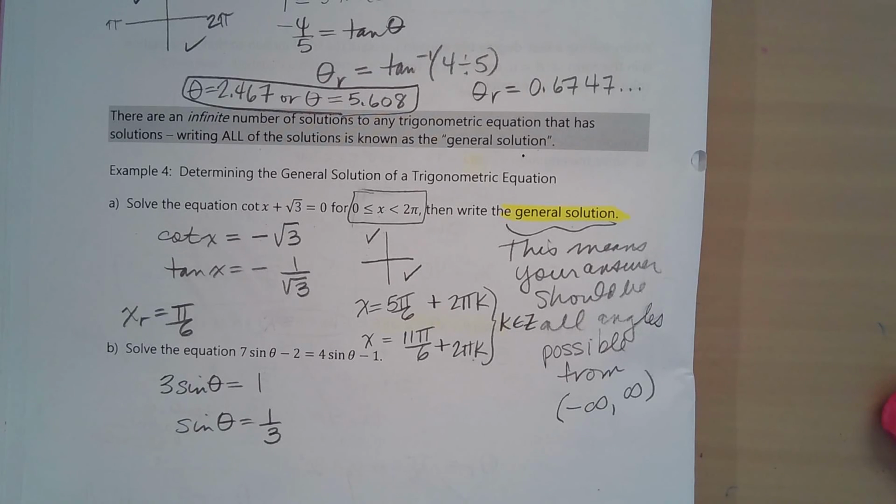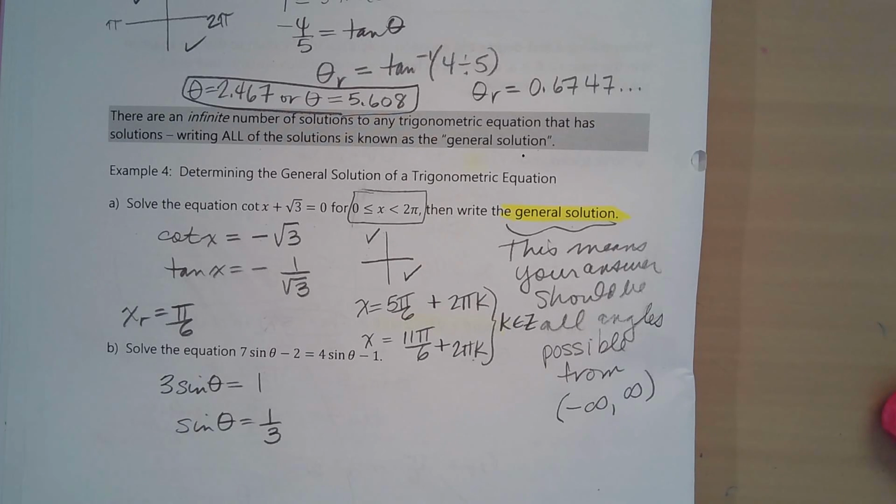Is that one of my special spots? No, so I'm going to have to use my calculator. This time you weren't given any instructions, so write the general solution, but you weren't told radians or degrees, so I guess it's your choice. So what do you want to solve for? Degrees or radians? Degrees, I think. You go degrees if you've got the choice, right? So we'll solve in degrees. I'm going to have to change my mode.